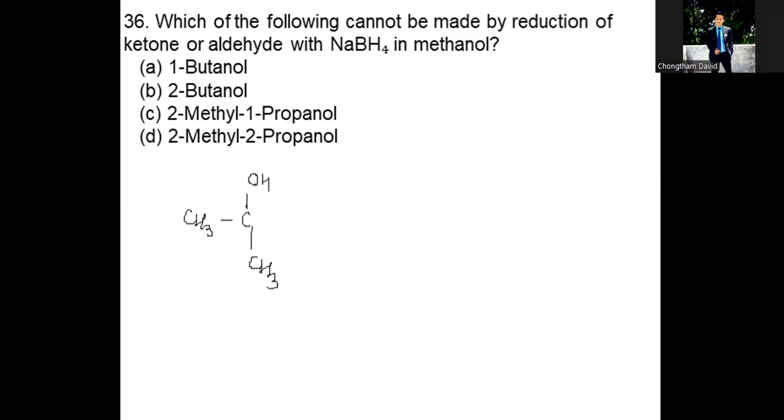You can say this is the longest parent chain. 1, 2, 3. It cannot be obtained by reduction of an aldehyde or ketone with sodium borohydride because this is already a tertiary alcohol. So the answer for question number 36 will be D.